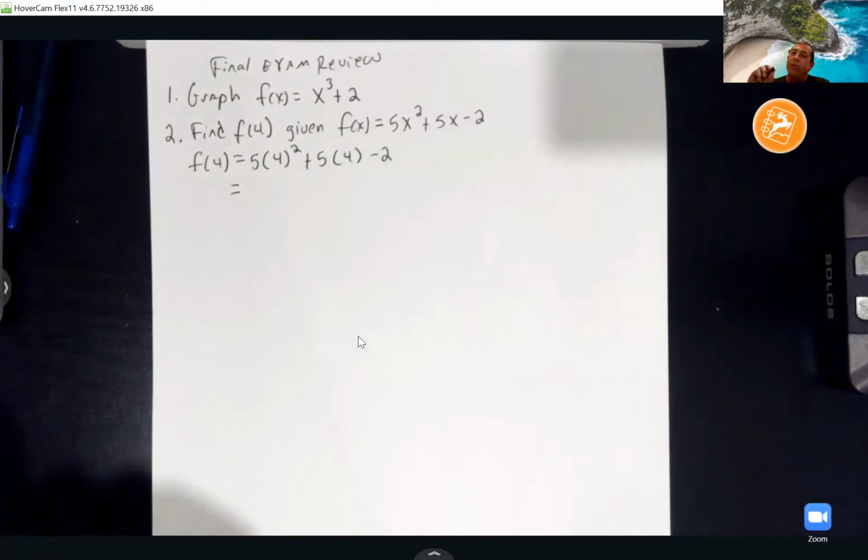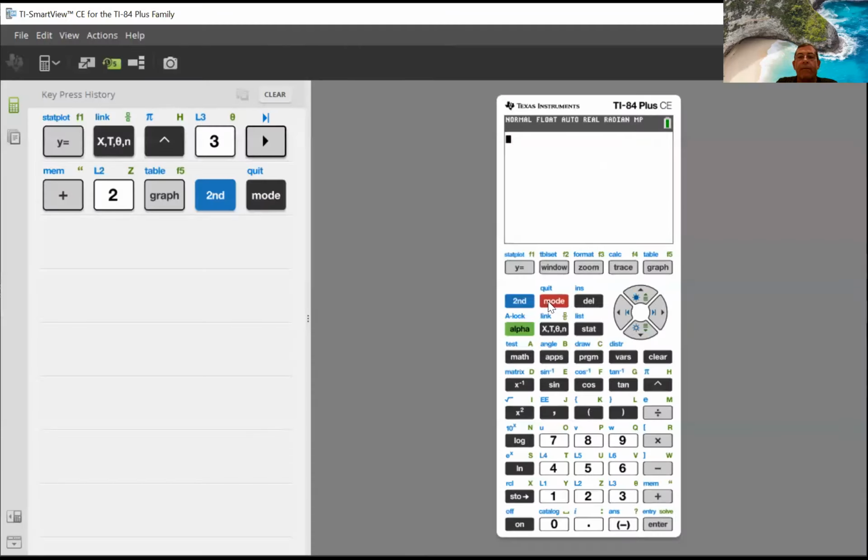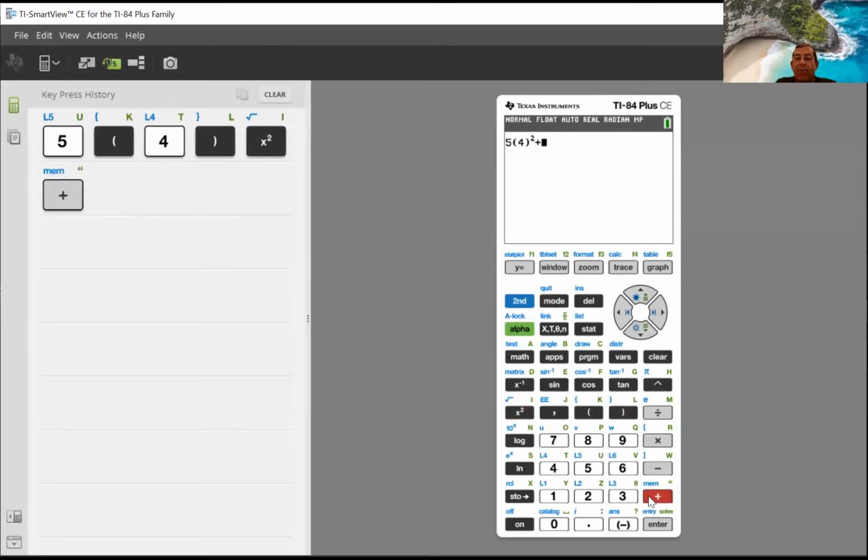I know at that point, we're just going to throw that in our calculator and see what we get. So let me quit this screen. And I'm going to clear my memory over here. So we had 5 times 4 squared plus 5 times 4 minus 2.